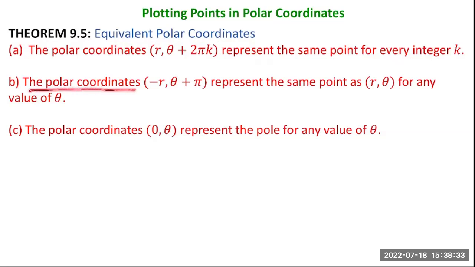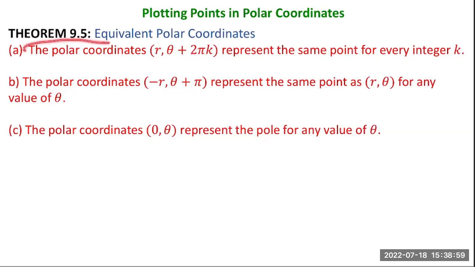The polar coordinates minus r comma theta plus pi represent the same point as the point r comma theta for any value of theta. And the third part is the polar coordinates 0 comma theta represent the pole for any value of theta. Okay, so that's the statement of theorem 9.5.